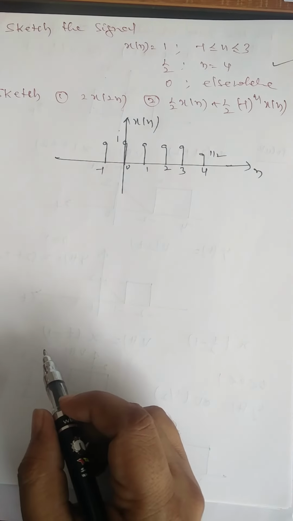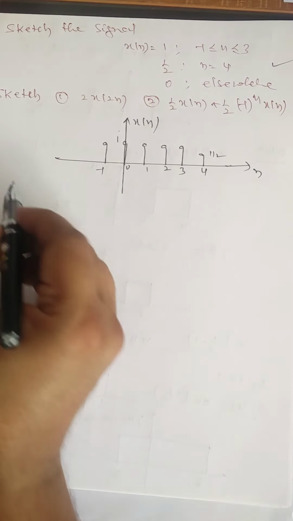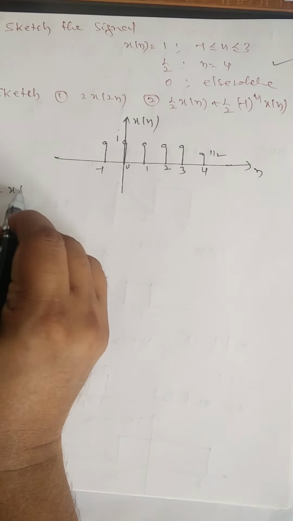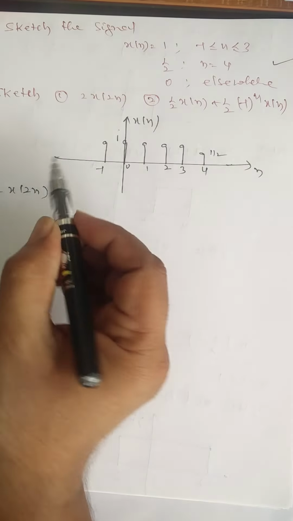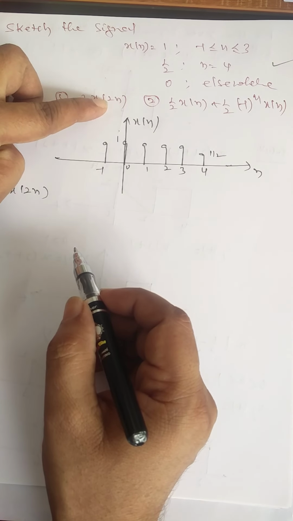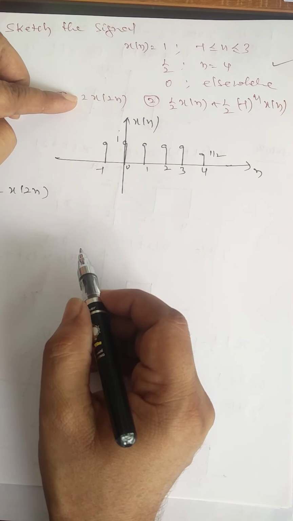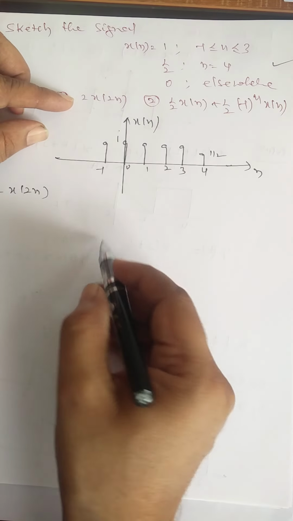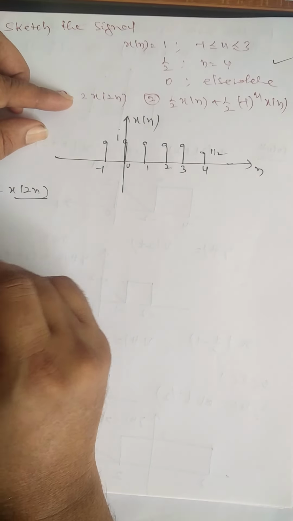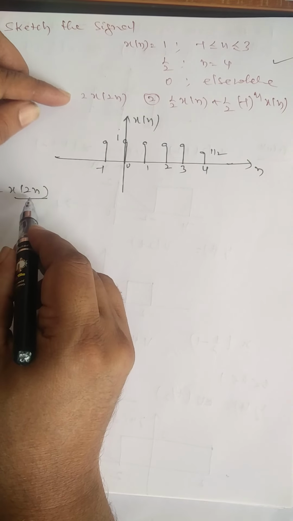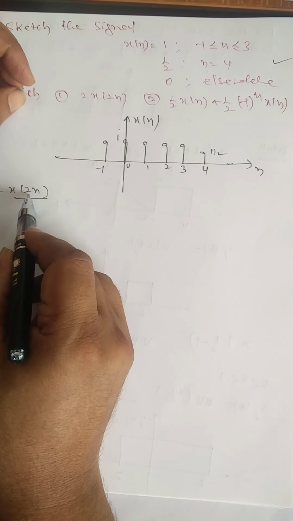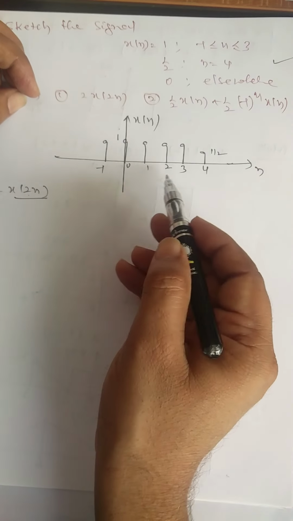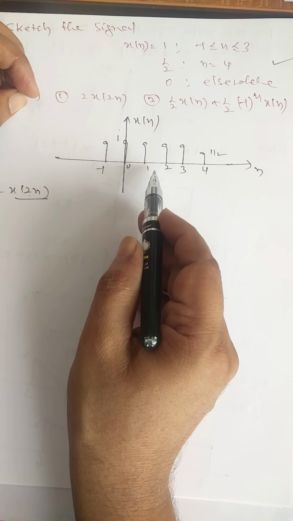Next, in this first problem, 2 into x of 2n is given. That means first I should scale in time by 2, then go for the amplitude scaling, where the amplitude scaling value is 2. First I should get x of 2n. Here the scaling factor is 2, which means the signal will be compressed.